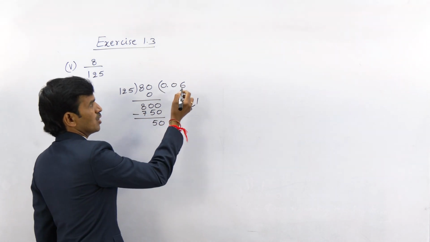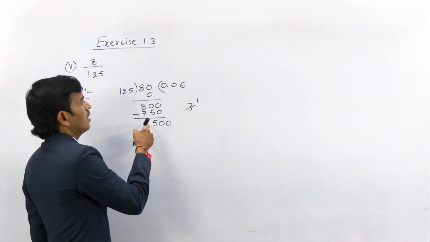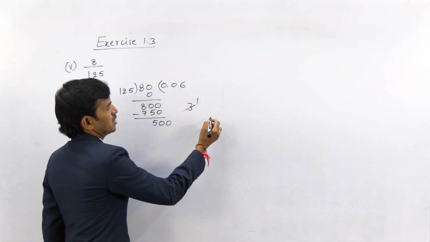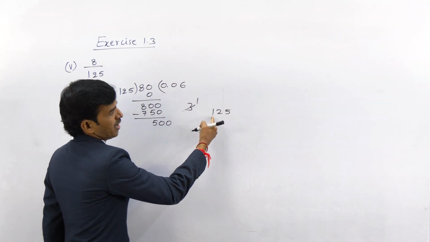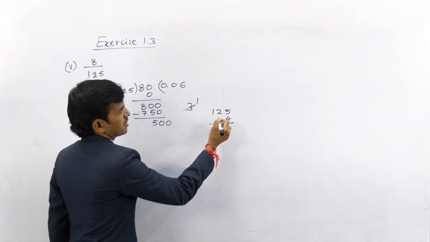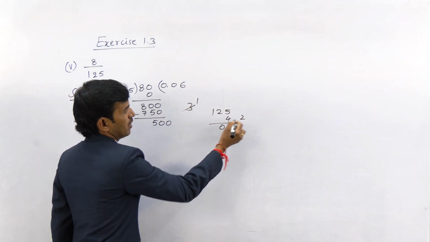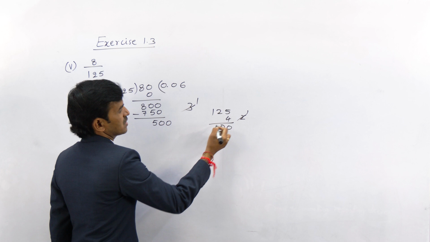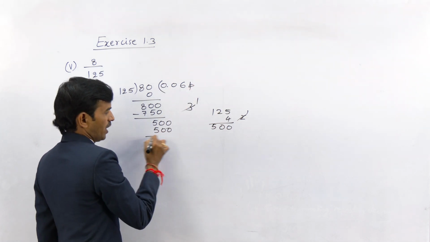Then in this step also we take one more 0. Now 500. Let us see how many times it is possible. 125 3 times means 375. 4 times, let us check. 4 5s are 20. 4 2s are 8 plus 2, 10. 1 carry. 4 1s are 4 plus 1, 5. So 4 times you get exactly 500.